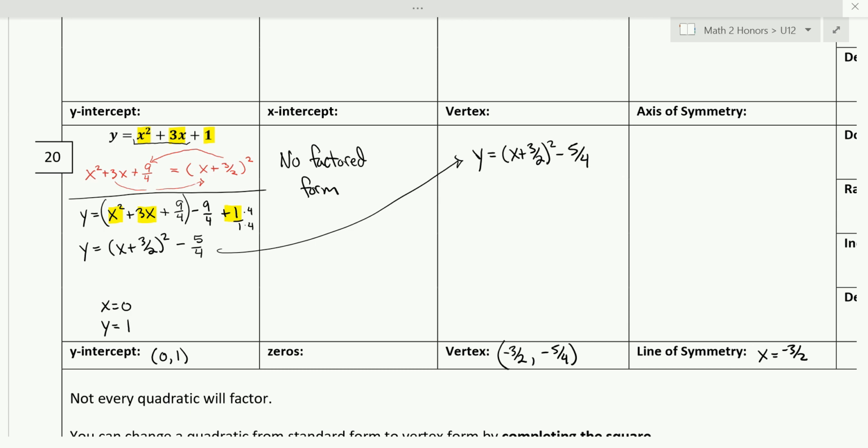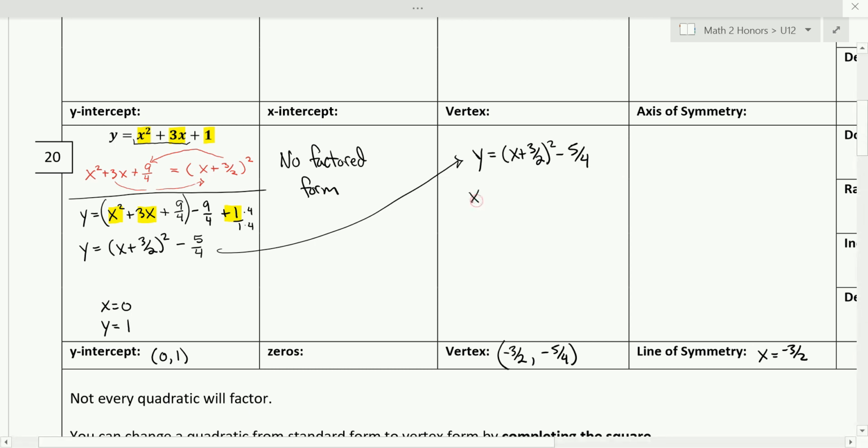It's easiest to do it with factored form. That's why we use factored form. But you could plug in 0 for standard form and find them. That's the hardest one to do. We don't have a method yet for that. We will eventually develop that. Or plug in 0 for vertex form. That's the second easiest one to use, and that's what we're going to do now. So let's do that.